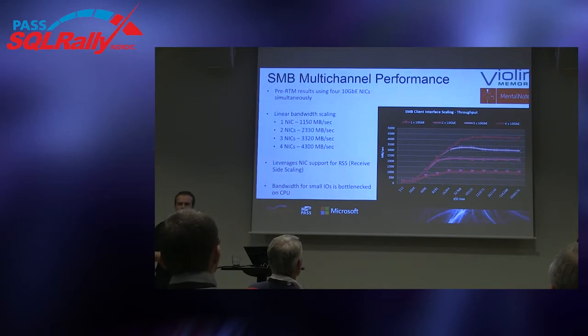Today in your existing SAN infrastructures, if you need more performance, you usually need to buy different components. But here you see running one NIC, 1 gigabyte a second, 2 NICs, 2 gigabytes a second, 3 gigabytes a second, 4 gigabytes a second, and it just scales linearly whenever you put in something new. And this is on Ethernet. Imagine this was InfiniBand. It would be 6.8 gigabytes a second, 13 gigabytes a second, and so on, up to 26 gigabytes a second for just 4 ports.